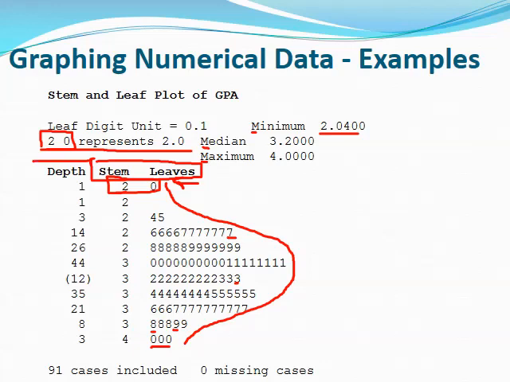Now, the confusing part for most people in a stem and leaf display is this part here. Our software refers to it as the depth, which is a really foolish name. I've never seen that name used anywhere else. Really, it's not part of the stem and leaf display. It's an extra bit of information, a counting column.